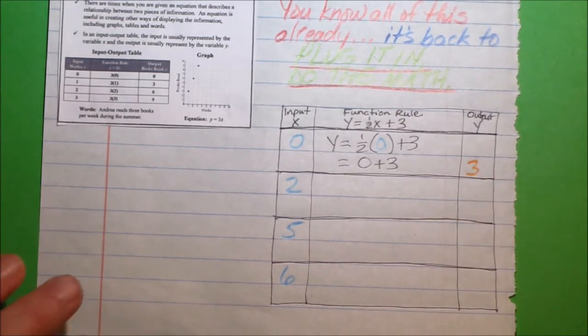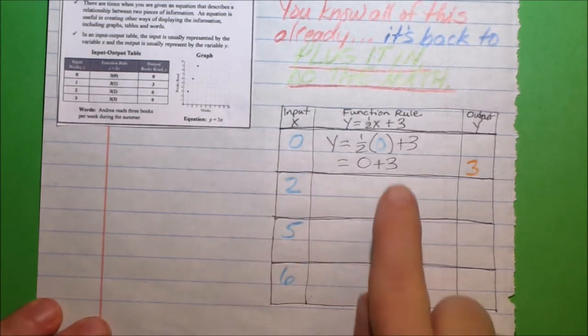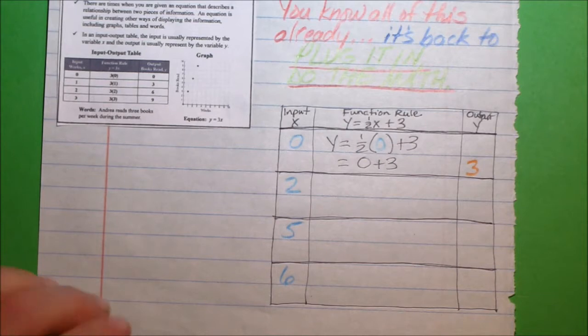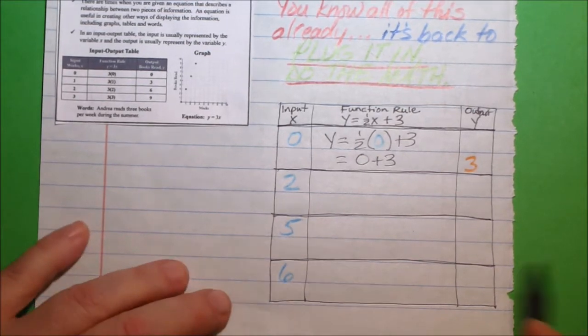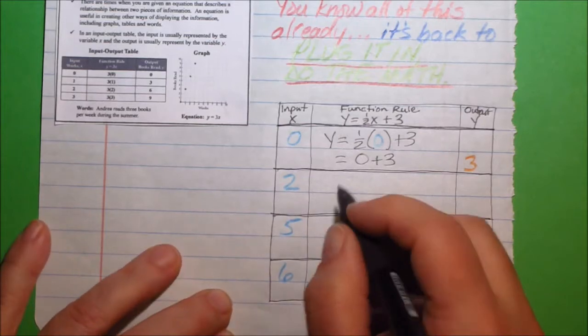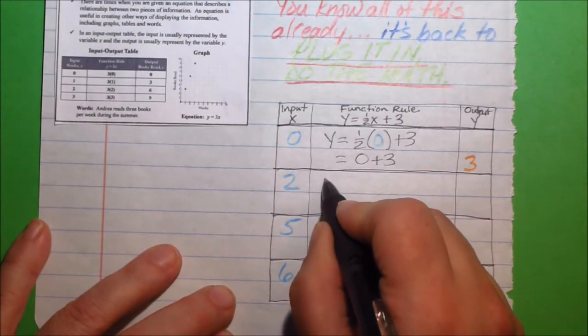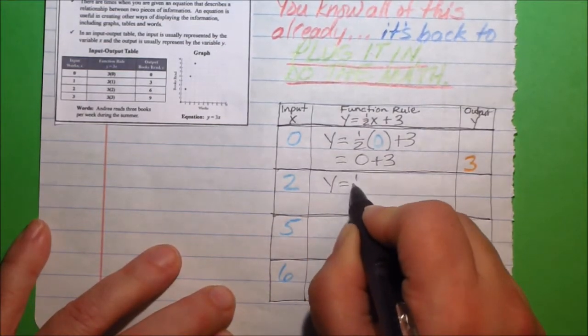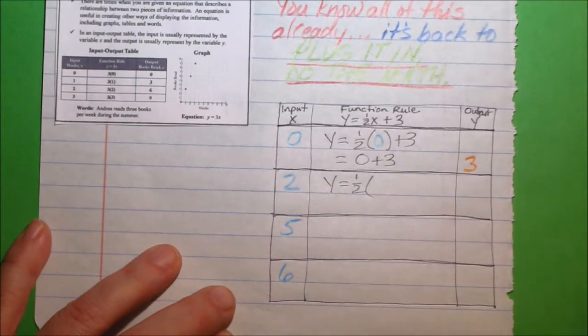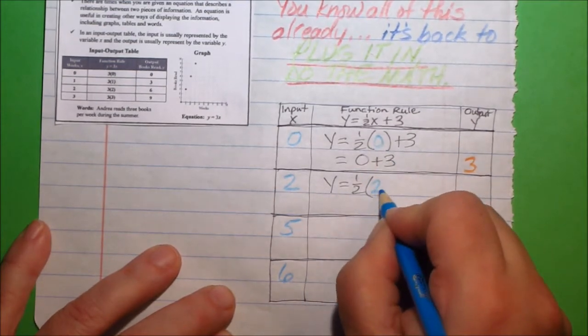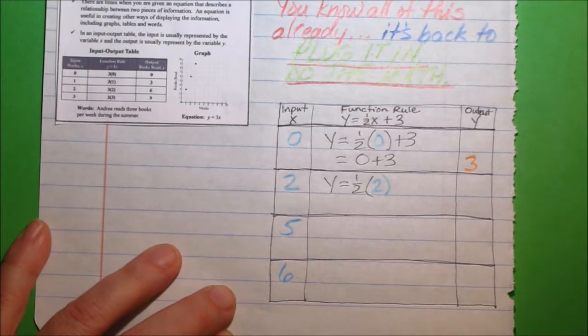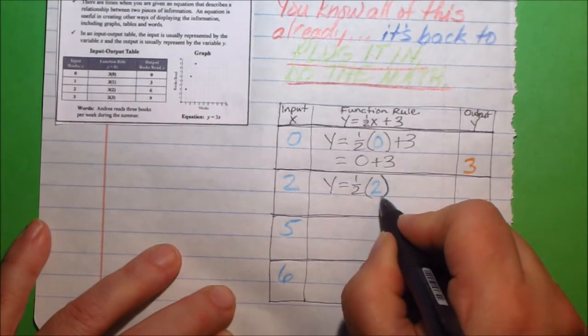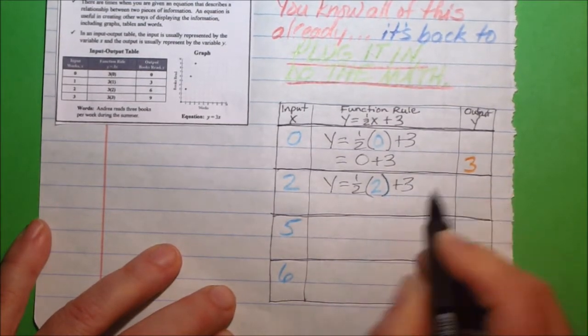All right, using my orange pencil for my output. All right, so we've got an input of 0 into this function rule, which gave us 3. We solved for Y. Y is 3. All right, so let's do that again now, plugging 2 in for X. So we've got Y equals 1/2. Now we're multiplying by 2 for our X. 2 plus 3.